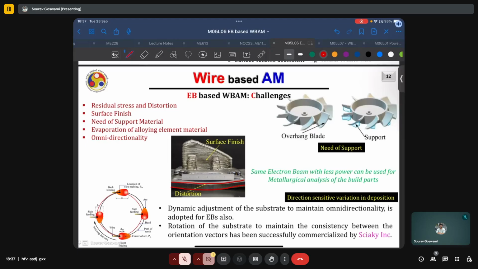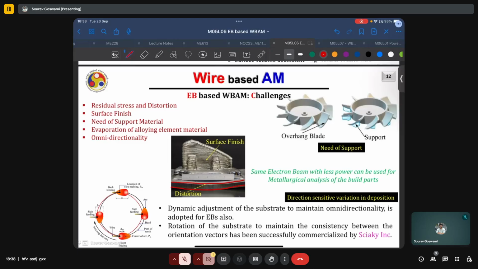But because of the high temperatures that the material is subjected to because of interaction with the electron beam, not only will it get melted, the temperatures can reach sufficiently high levels to start evaporation of some of the components, especially the low temperature alloying solutes. And so the final composition that we get in the deposited part can be significantly different from the nominal alloy composition.